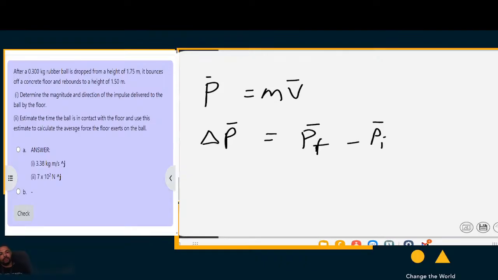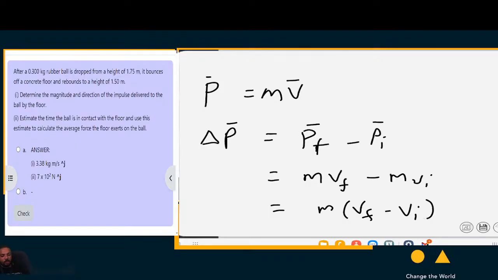We can also write this as mass times velocity at the end minus mass times velocity at the beginning. Mass is usually a constant, so we can take it out, and it'll just be the change in the velocities.